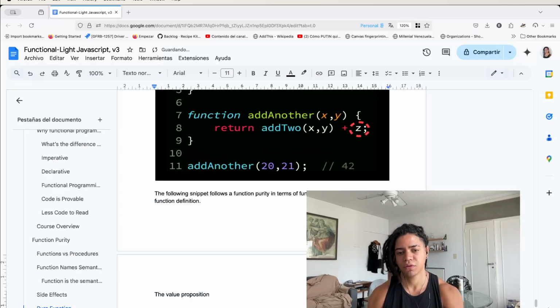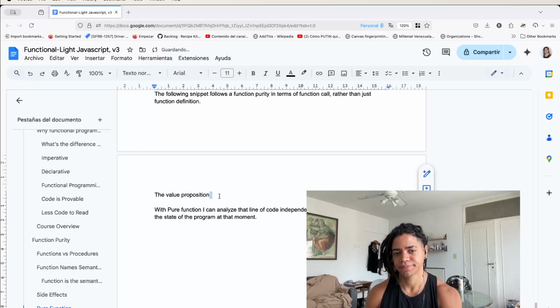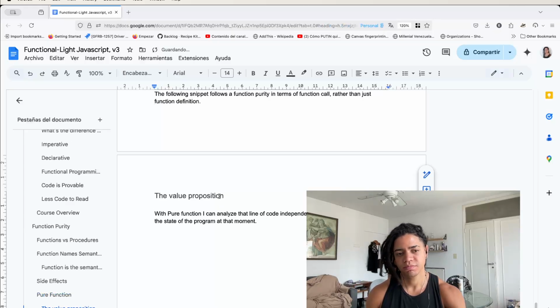So with pure functions, I can analyze that independently without needing to know the state of the program.